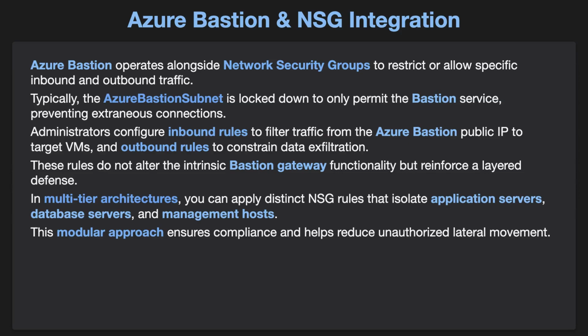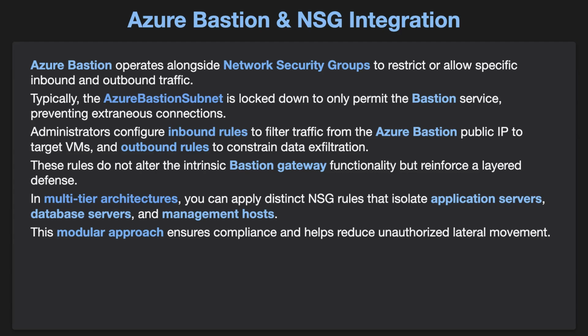Azure Bastion operates alongside network security groups to restrict or allow specific inbound and outbound traffic. Typically, the Azure Bastion subnet is locked down to only permit the Bastion service, preventing extraneous connections. Administrators configure inbound rules to filter traffic from the Azure Bastion public IP to target VMs, and outbound rules to constrain data exfiltration.